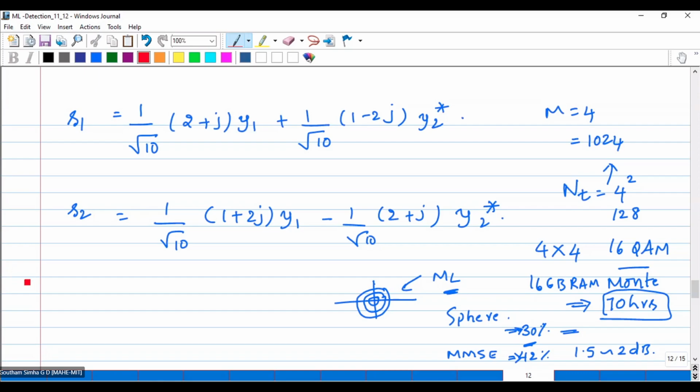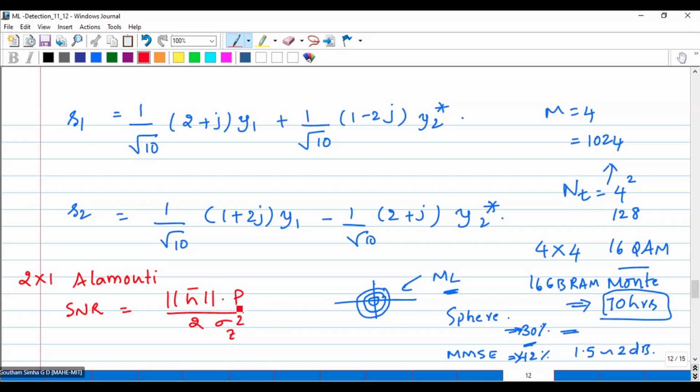Now, if you do that beamforming in case of a 2 cross 1 Alamouti, how do you write the SNR? I'll write the SNR of Alamouti directly: norm of H squared times the transmitted power Es, divided by 2 sigma z squared.